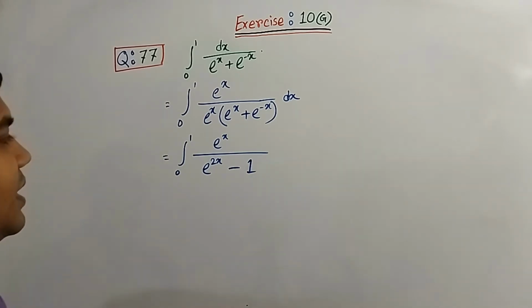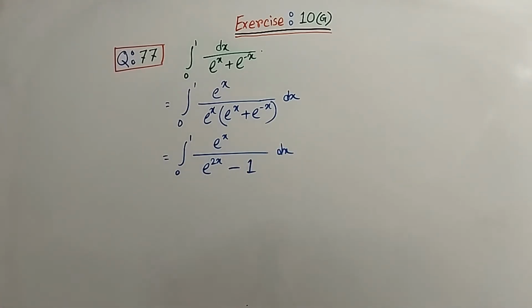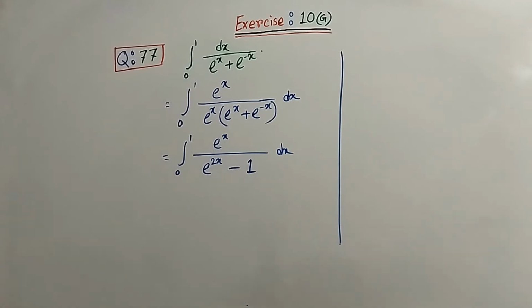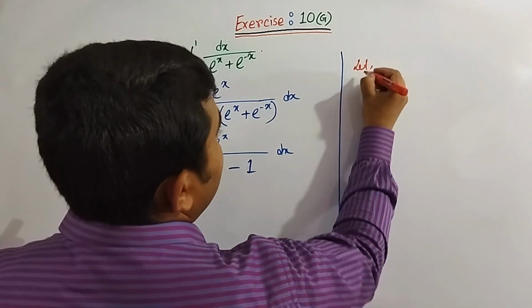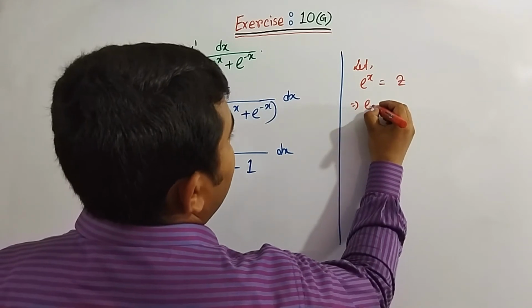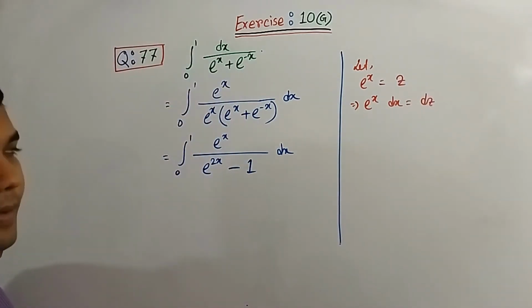Now if we consider the e to the power x part as z, then this question can be written in this way. Let e to the power x be z, then e to the power x dx is dz.